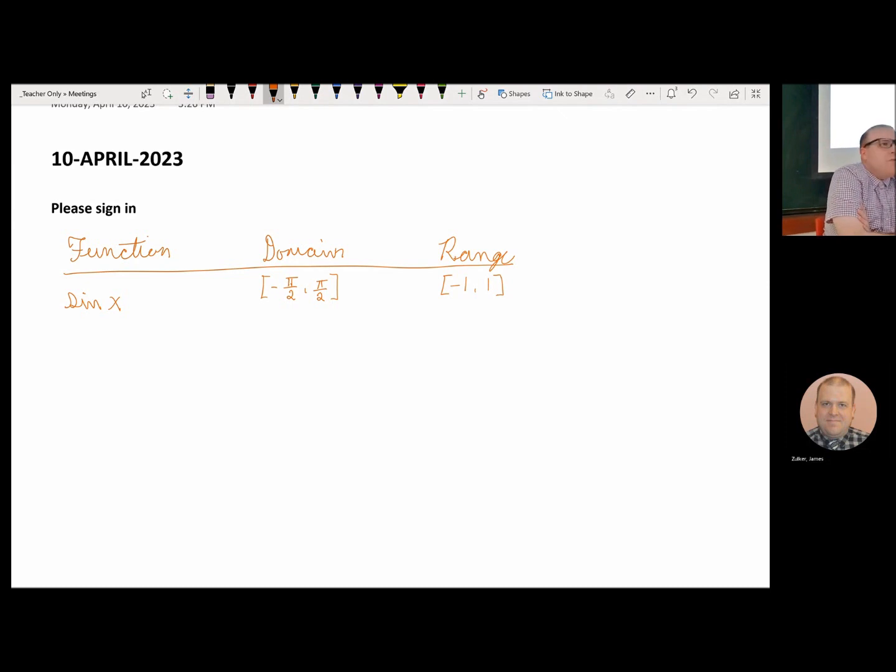That guarantees every value in the range minus 1 to 1. That means that the inverse sine function will have domain minus 1 to 1 and range minus pi over 2 to pi over 2. And that's sine inverse of x. Just switch the two around.